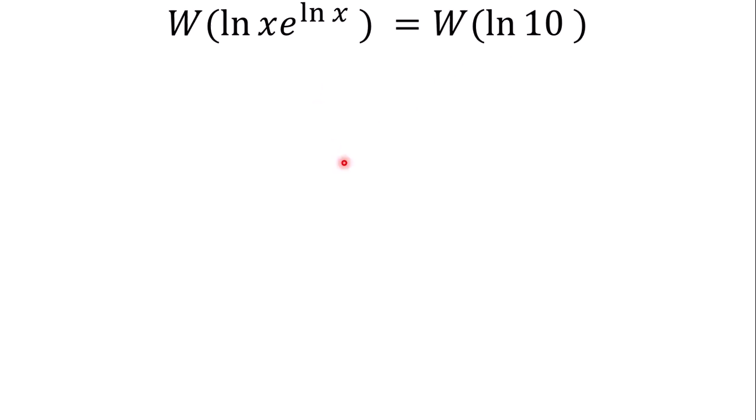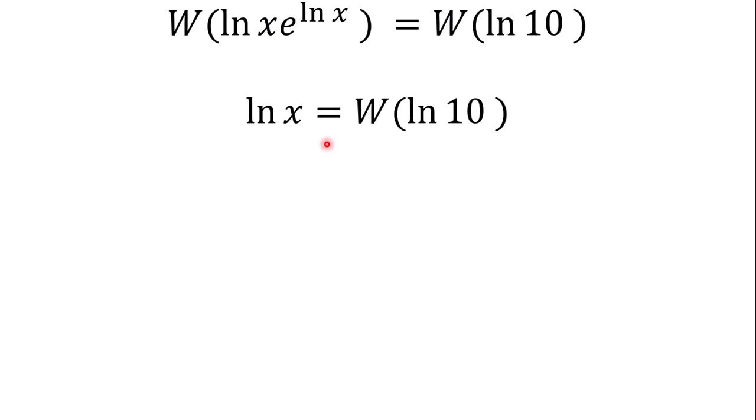Okay, so here I'm just going to get natural log of x is equal to W of natural log of 10. Now here we're having natural log of x equal to W of natural log of 10. How are you going to find the value of x? From this equation, the value of x can easily be determined as compared to the original one. Why?